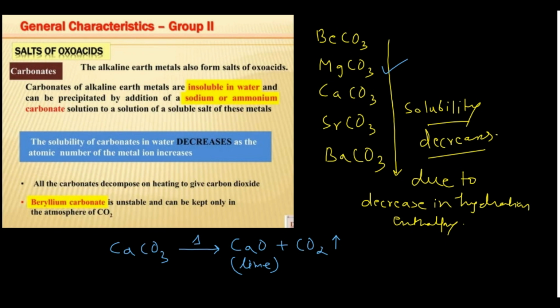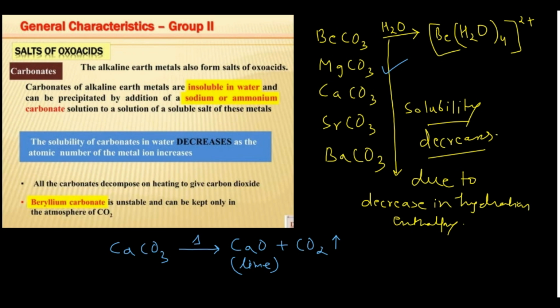If you keep it in the absence of carbon dioxide, it will take moisture from the atmosphere and get converted into the tetrahydrated ion, Be2 positive with four water molecules. You have seen this complex ion many times earlier in my lecture. So you will not find free Be2 positive, you will find this complex ion. This is something very, very important.